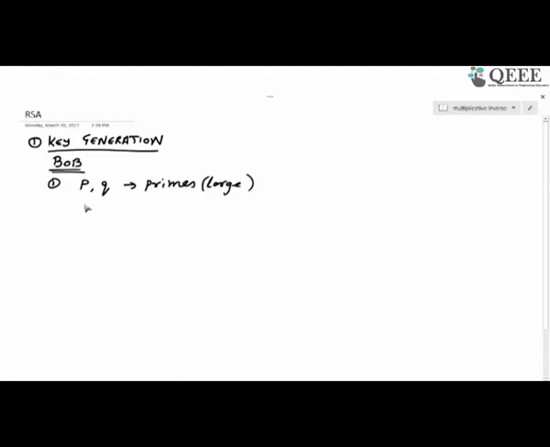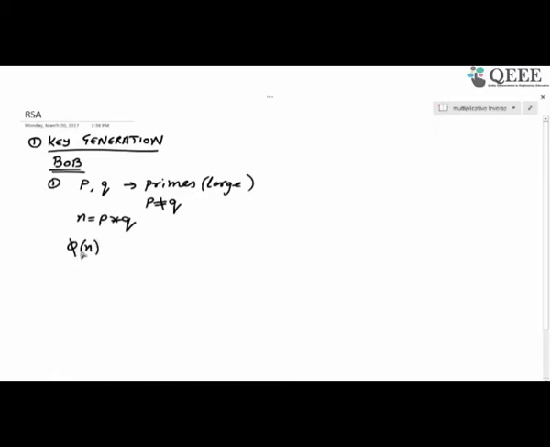and another requirement is that p should not be equal to q. He would take p and q and compute n equal to p into q. He finds the product n of p and q, and he also computes the Euler totient function of n. That is, he computes phi of n.